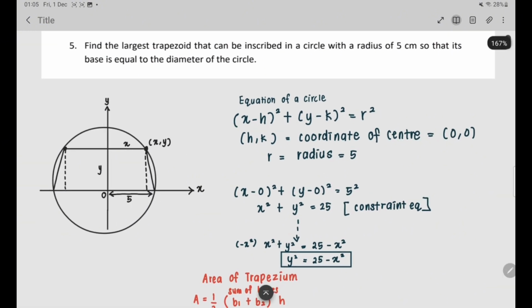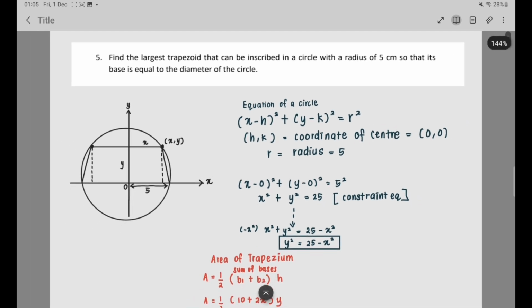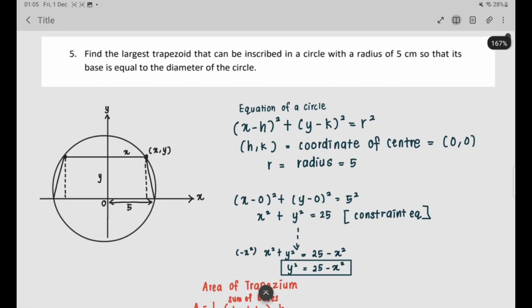The first thing we need to understand is the equation of a circle. If you don't remember it, it's hard for you to answer these questions. The equation of a circle is (x minus h) squared plus (y minus k) squared equals r squared. h and k are the coordinates of the center, which is 0 and 0, and the radius is 5.